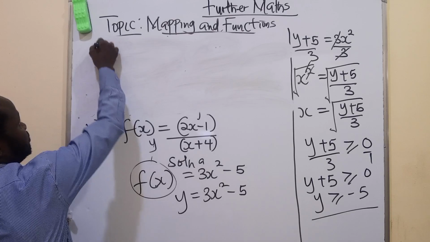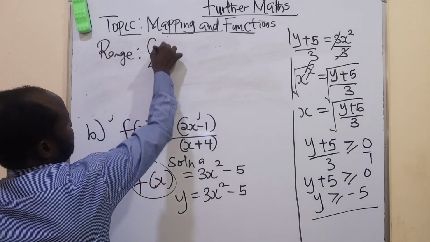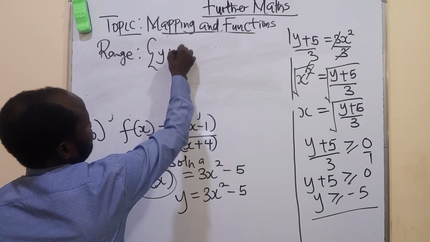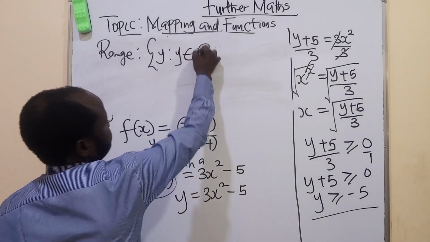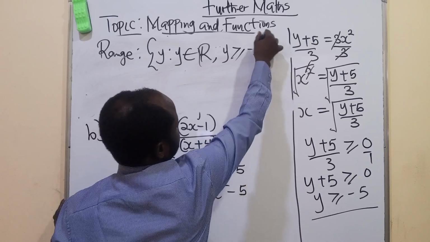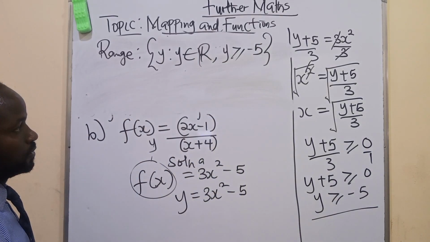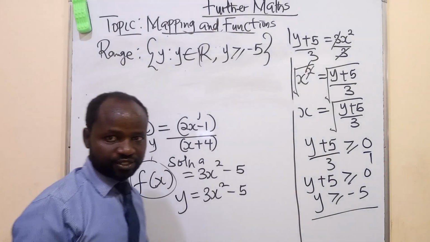So we can say the range will be y such that y belongs to the set of real numbers but y must be greater than or equal to minus 5. Or we can use interval notation to state the range.